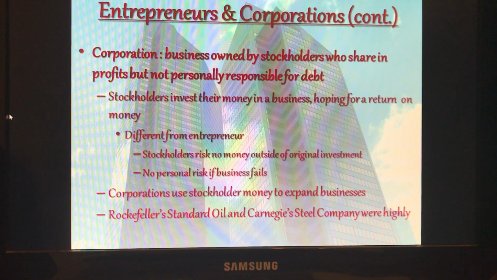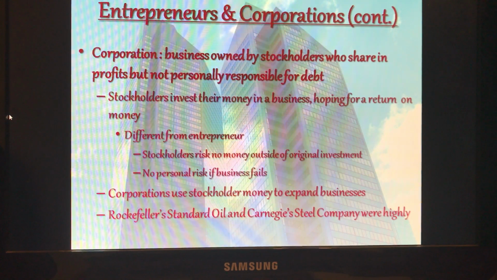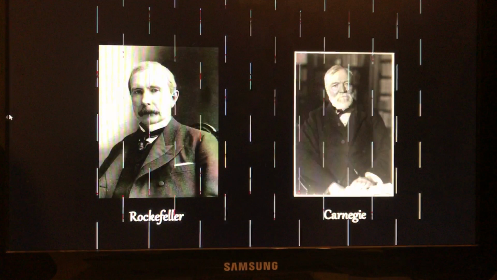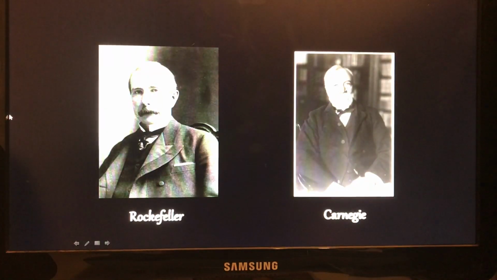Now today we have lots of different oil companies, but they kind of all started with Standard. And then Carnegie's U.S. Steel Company was one of the first and biggest steel producers and distributors. Okay, there's Rockefeller on the left, Carnegie on the right.